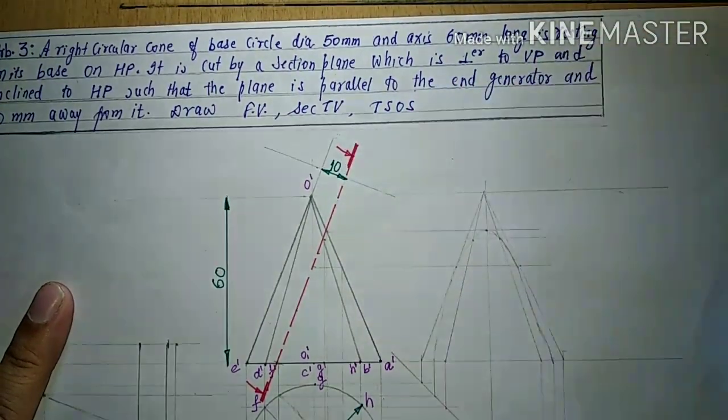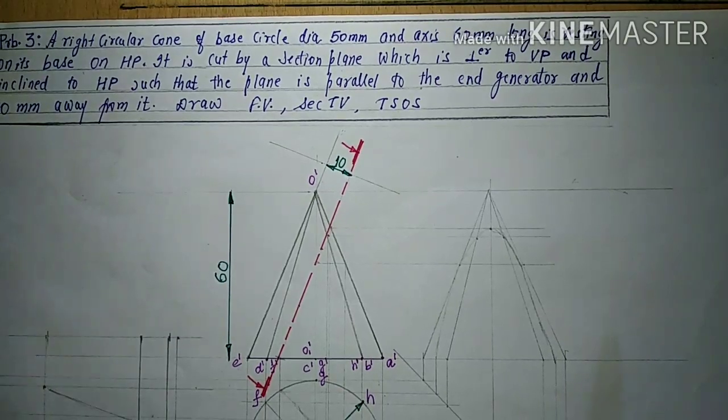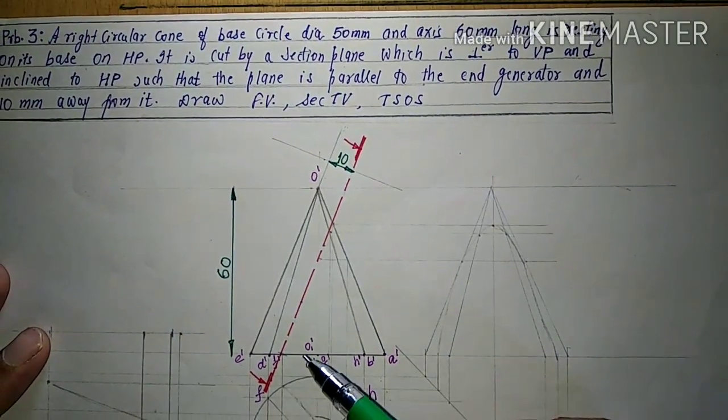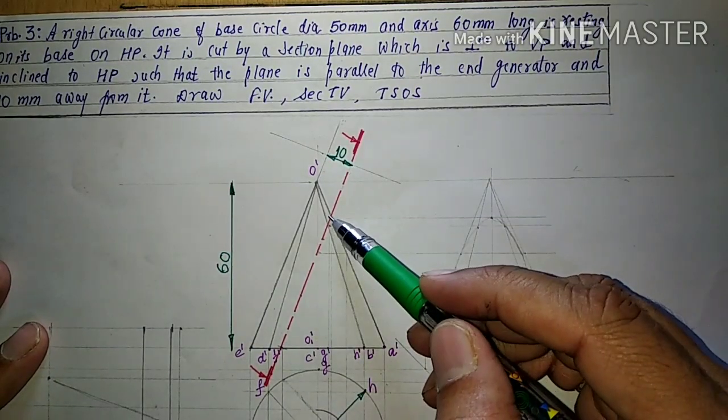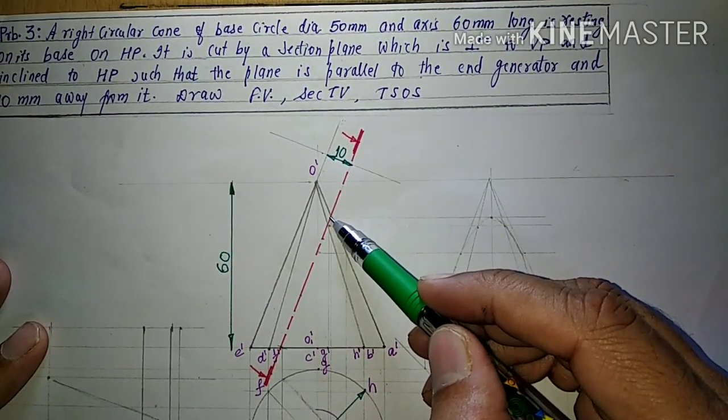Now it is cutting one of the base, it is cutting base and one of the extreme generator, right?